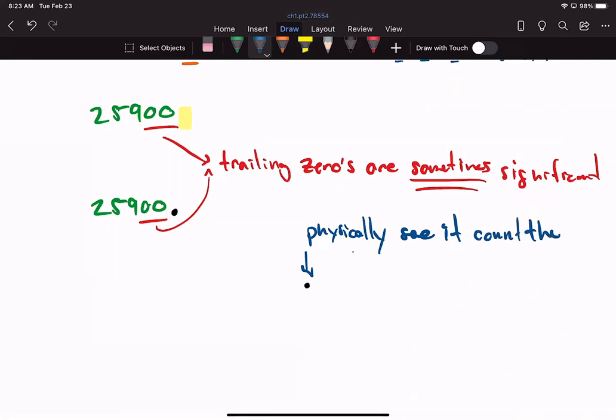count the trailing 0. If you physically see that in the number, you count the trailing 0, right? And this is only for trailing zeros. We've already talked about leading zeros.